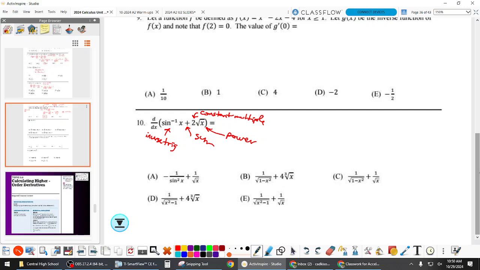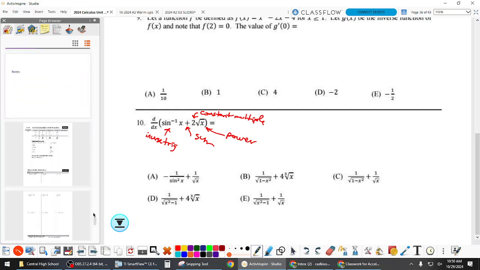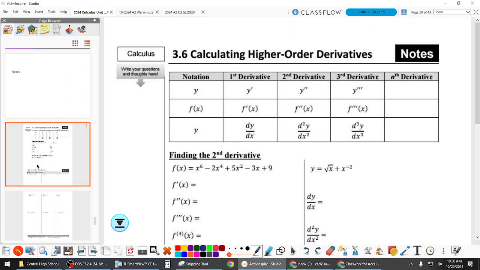And then we have one more thing to talk about, which I think you'll pick up pretty quickly. It's that higher order derivative stuff. Do you remember that? So let's do that right now, and then we'll see how you feel about it, and then we'll talk more about the test. So this is 3.6, last section.